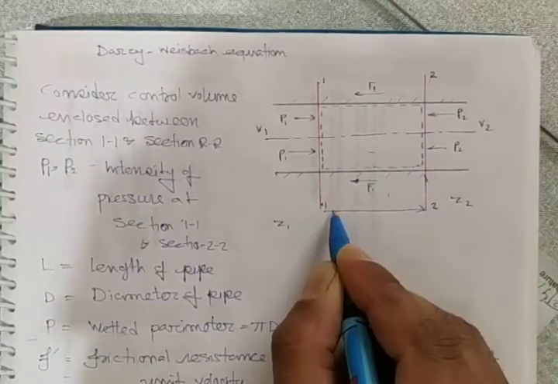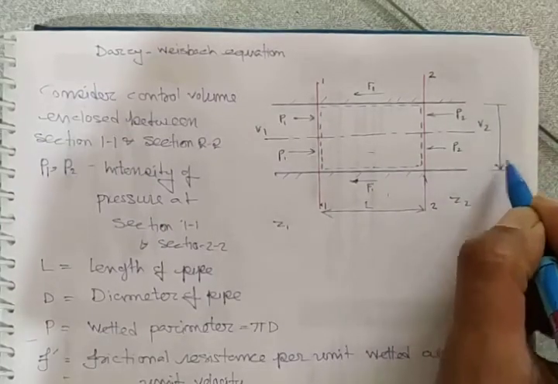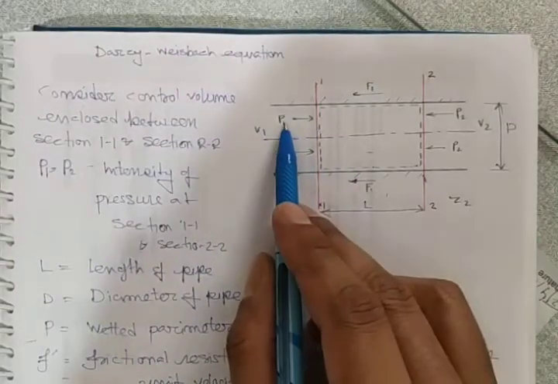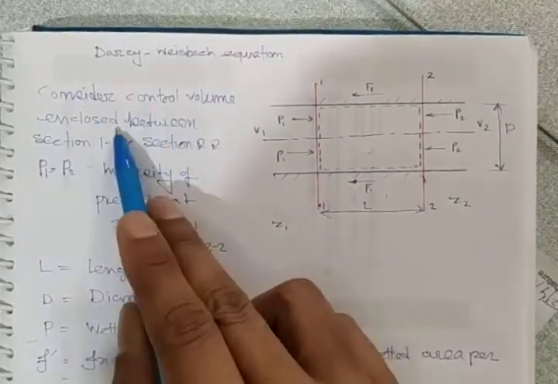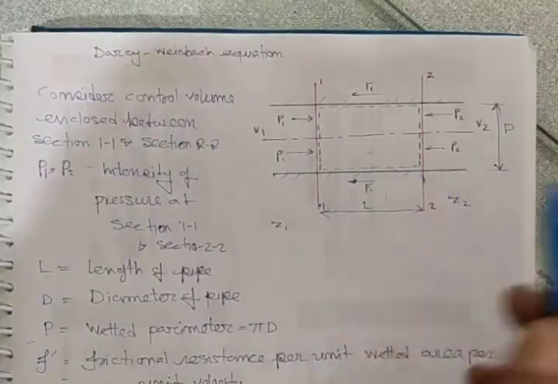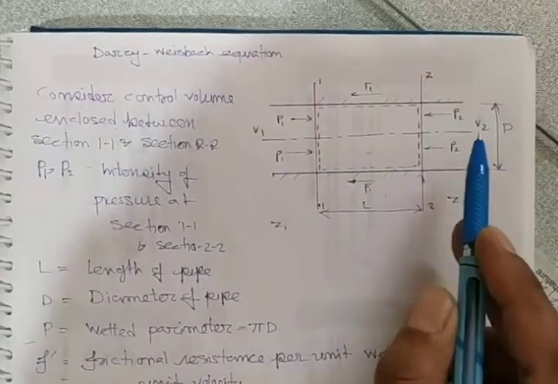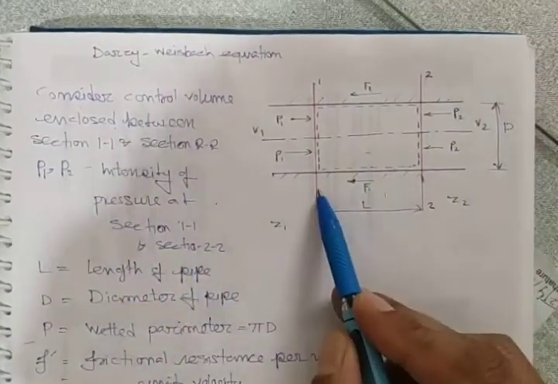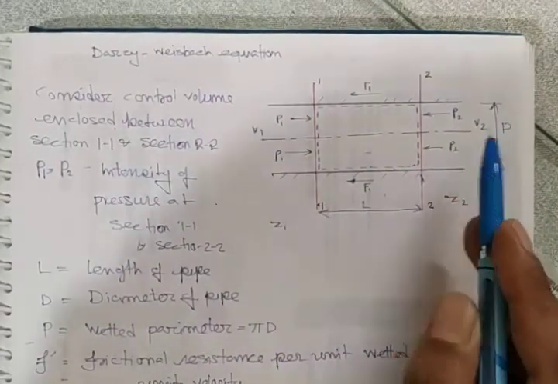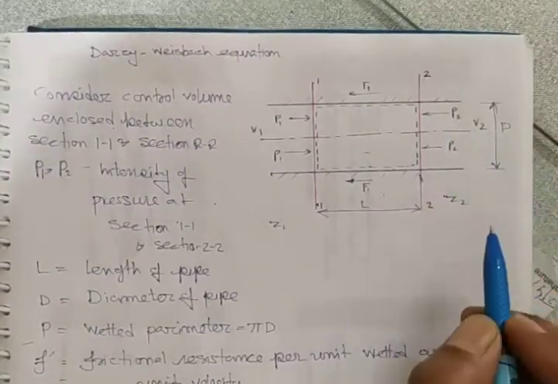This length is, suppose, L. This diameter is capital D. We are considering one control volume enclosed between section 1-1 and section 2-2. P1 and P2 are the pressure intensities at section 1-1 and 2-2. Similarly, V1 and V2 are the respective velocities for section 1-1 and section 2-2.